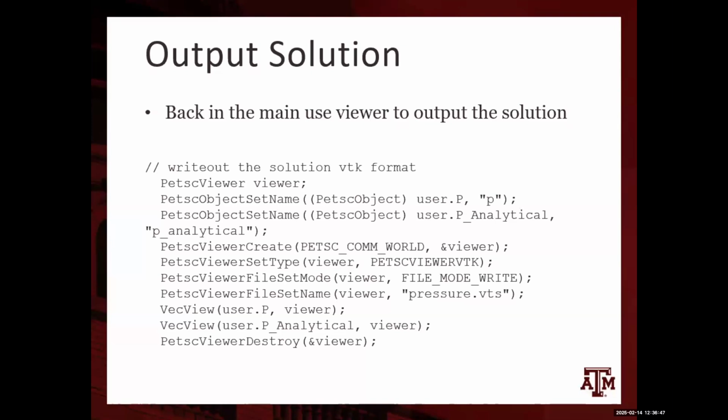We set the viewer type as PETSc viewer VTK, and then set the mode as file mode write. We set the file name as pressure.vts. Then VecView sets the output, and PETSc viewer destroy destroys our viewer.